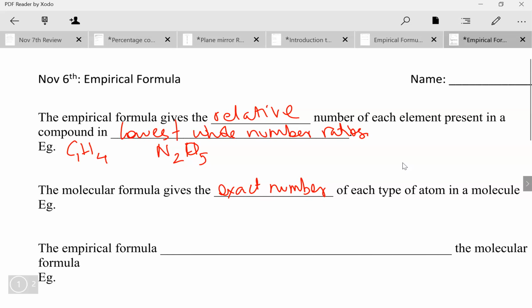It doesn't have to be 1, because we can't divide this by 2, since 5 cannot be divided by 2, right? So they just have to be lowest whole numbers. You can't write 5/2 or 2.5 or decimals. They have to be whole numbers, and 2 and 5 cannot be reduced any further.